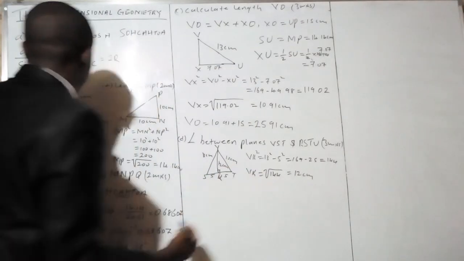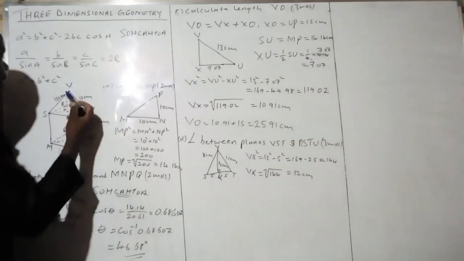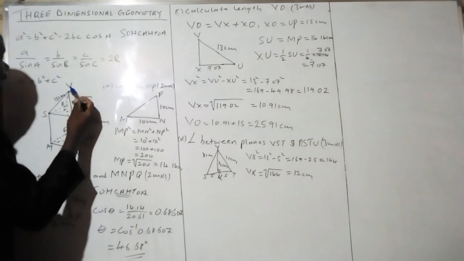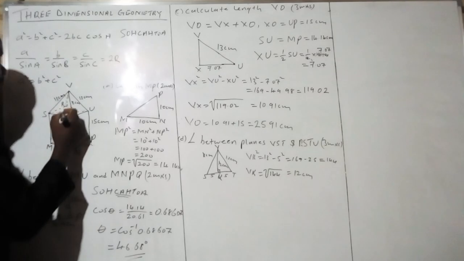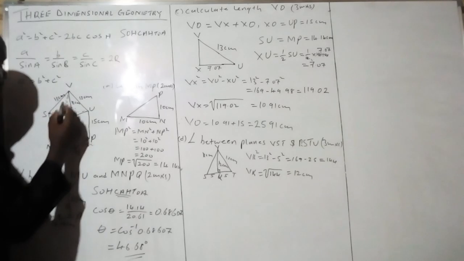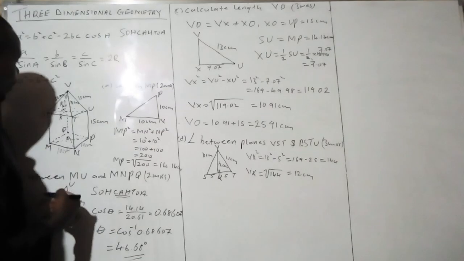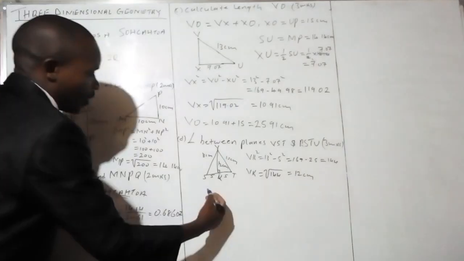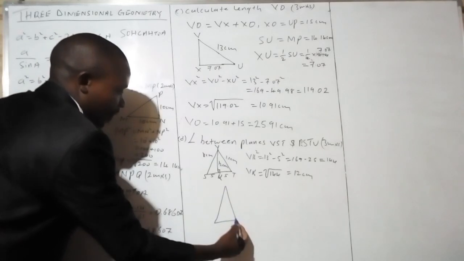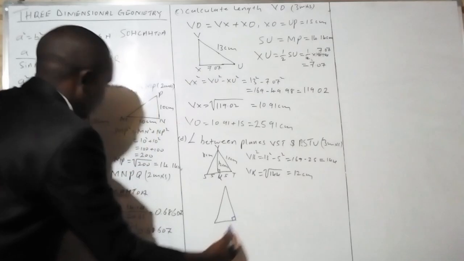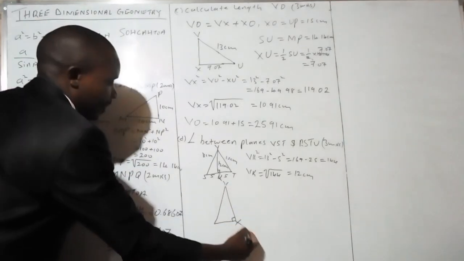So we are going to get the angle between VX and VK. Here is where you are going to have K. You can drop a line there. I hope you can see it. Let's extrapolate that triangle again. Under three-dimensional geometry, extrapolation is a must. This is our V, X is there, K is here.